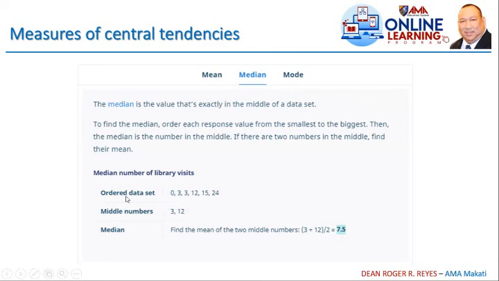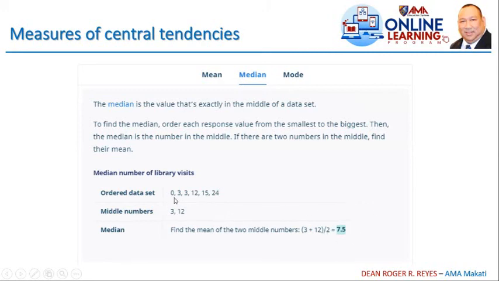Let's say, ito ang ordered data set natin: 0, 3, 3, 12, 15, and 24. So there are 6. So we divide it in half. So ang nasa gitna niya ay 3 and 12. So these are the middle numbers. So you find the mean of the 2 middle numbers. 3 plus 12 divided by 2. Therefore, the median is 7.5.